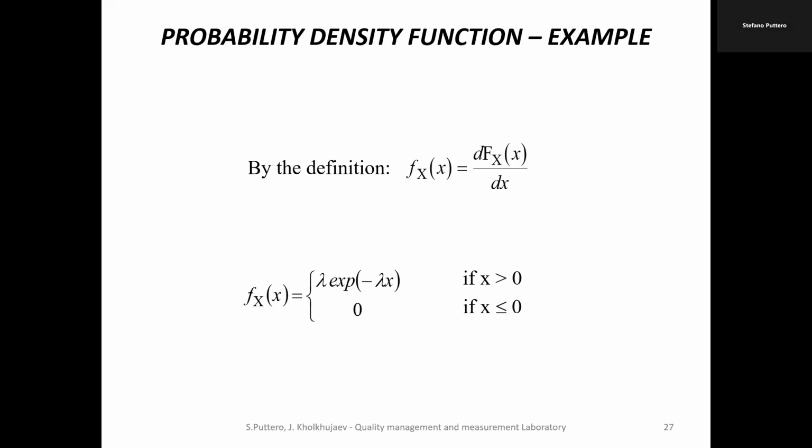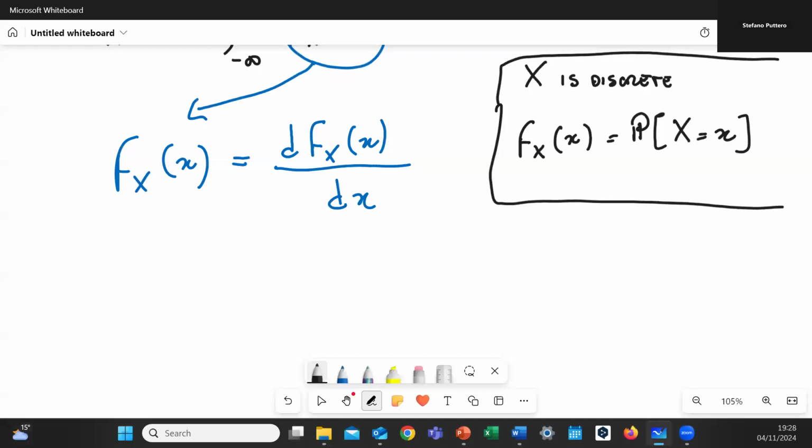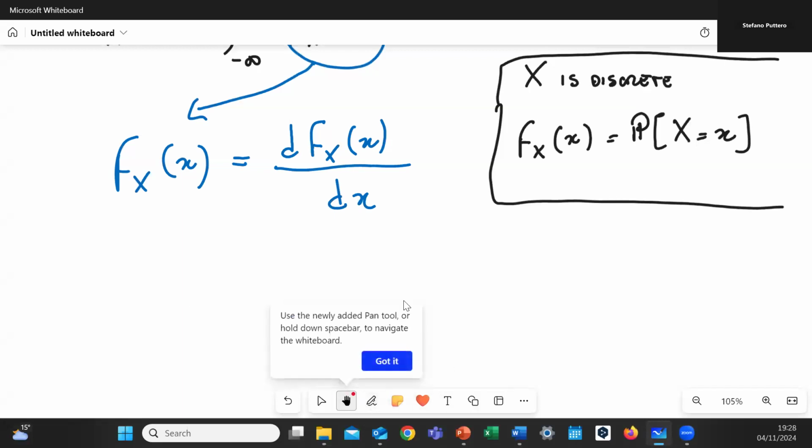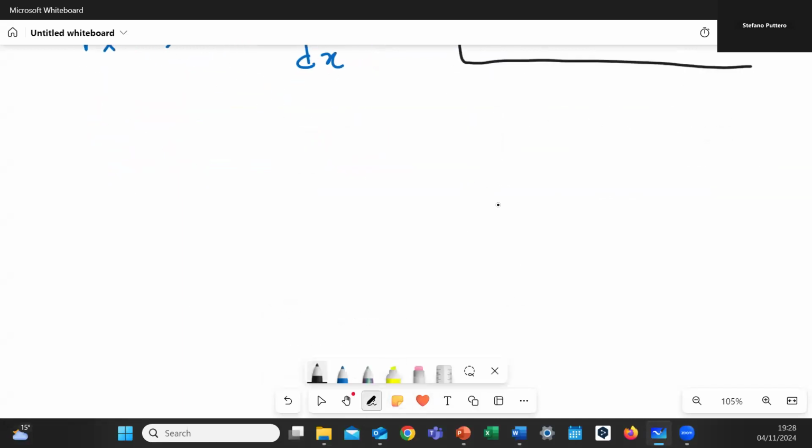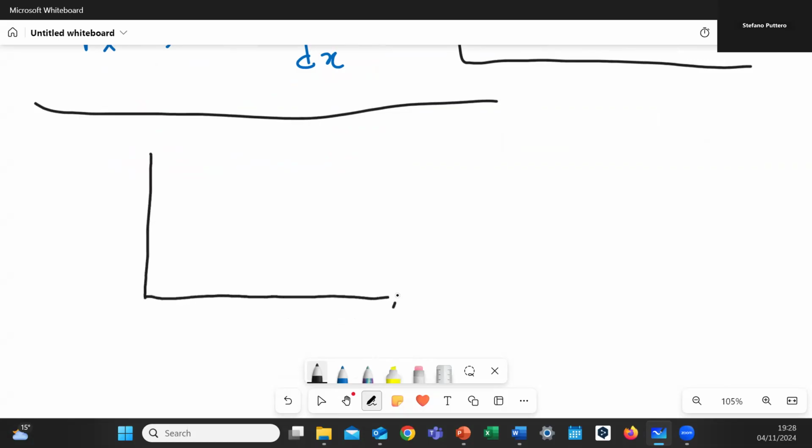Let me come back to the whiteboard. If we want to represent the solution, we can try to do it in this way. So we have our x-axis, we have f_X of x, and in blue I draw the exponential function.